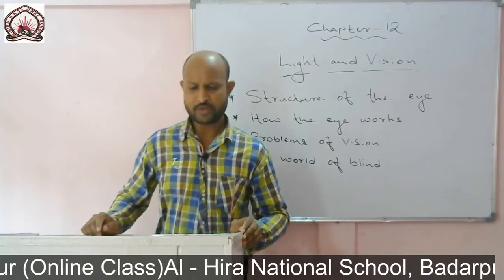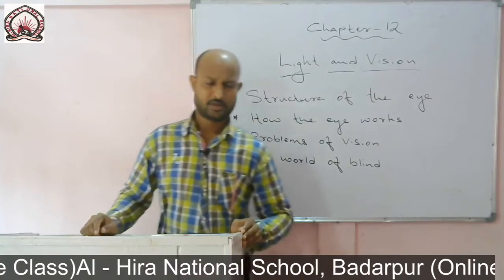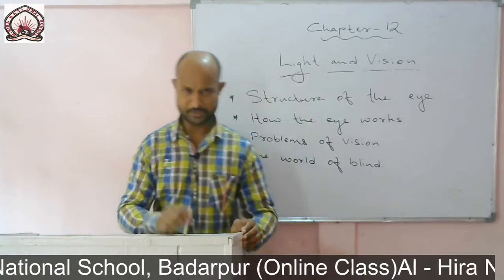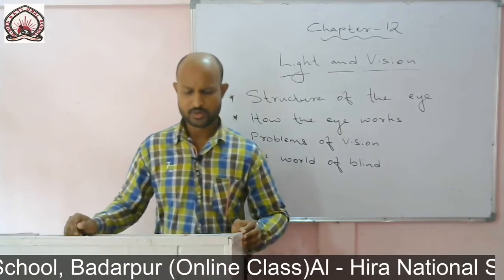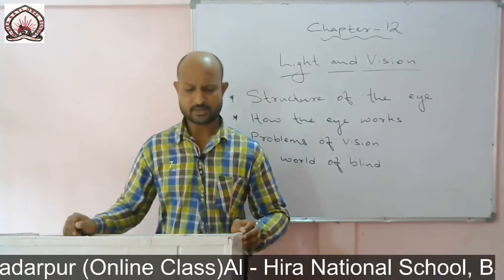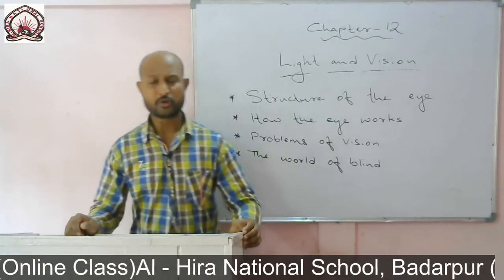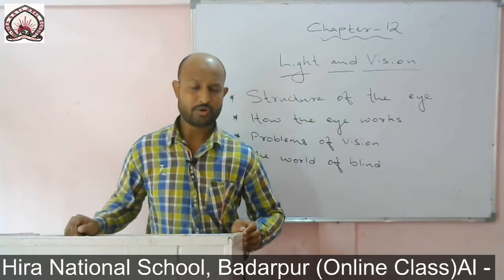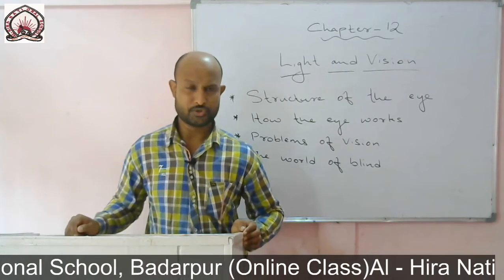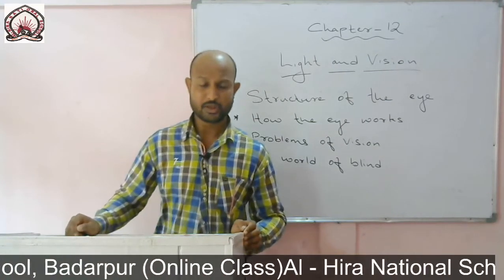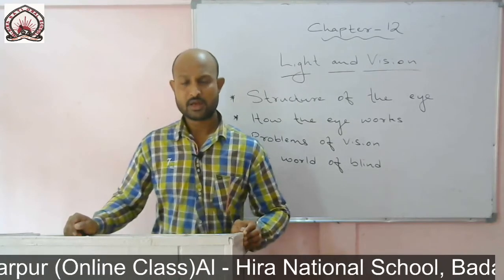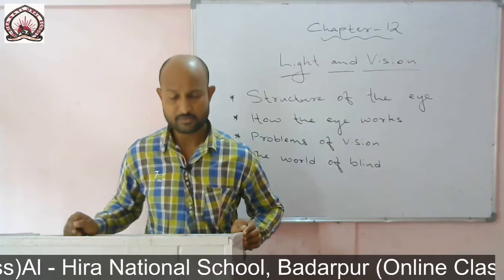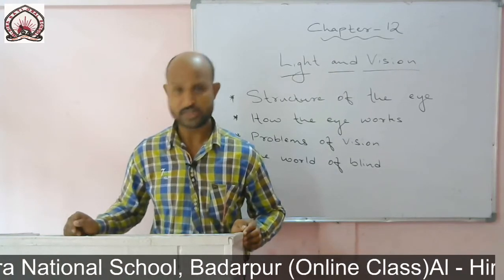In our last class we discussed the different properties of light and vision. Apart from that, today we are going to learn how reflection takes place through the human eye, and how the human eye helps us to see many different types of things.